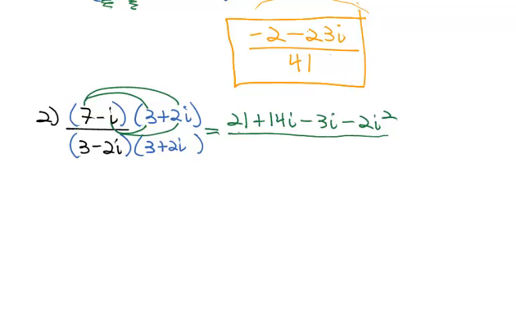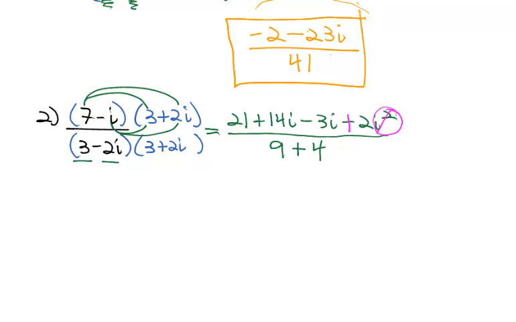All over the denominator's complex conjugates, so we can use our shortcut. 3 squared is 9, plus 2 squared is 4. Again, i squared is negative 1, so I'm going to cross that off and change the minus 2 to a plus 2. Because negative 2 times negative 1 is positive 2.